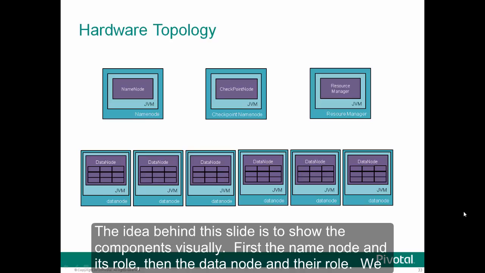As you can see on this slide, the name node daemon runs in its own JVM on the name node master. The checkpoint node daemon runs in its own JVM on the checkpoint name node master. And of course, the resource manager daemon runs in its own JVM on the resource manager master. And the data node daemon runs on each and every one of the data nodes in its own JVM.